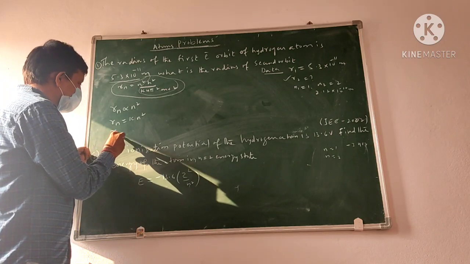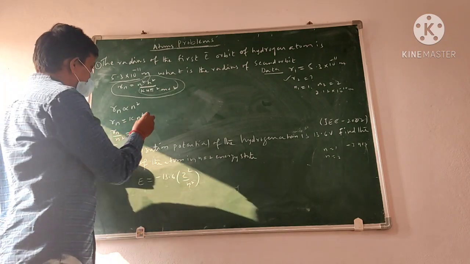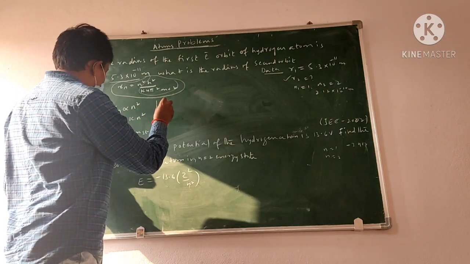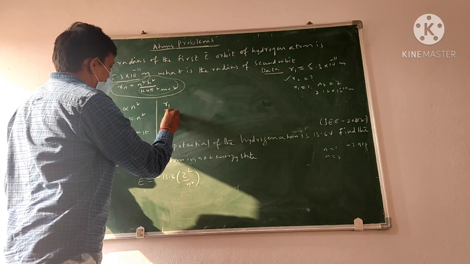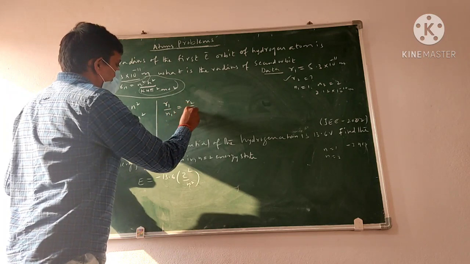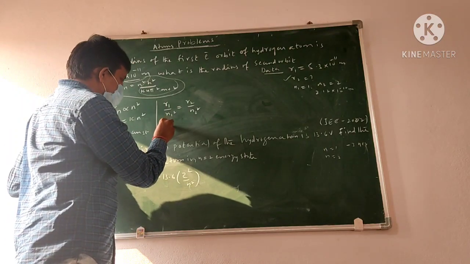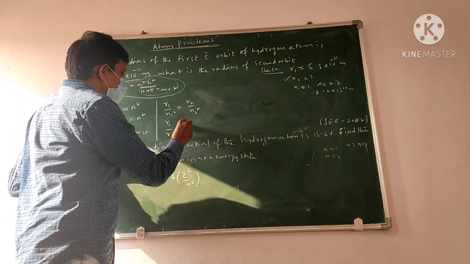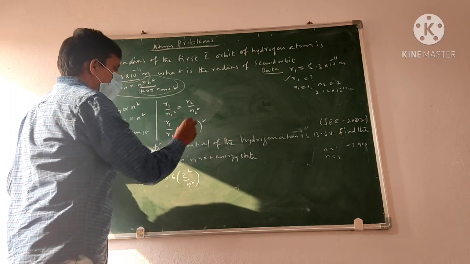So Rn by n² is equal to a constant. That means R1 by n1² is equal to R2 by n2². R1 by R2 is equal to (n1 by n2) whole squared.